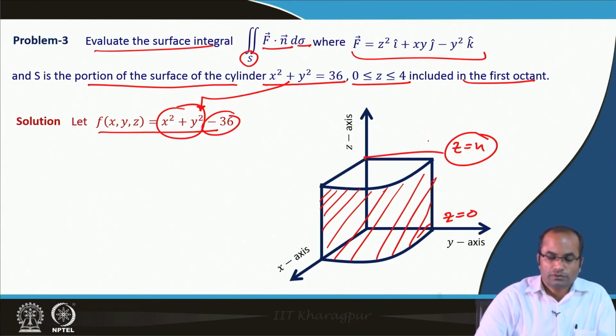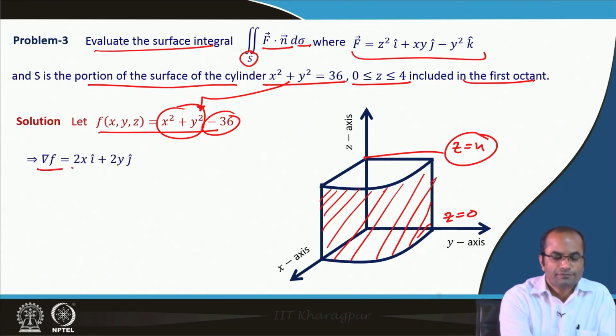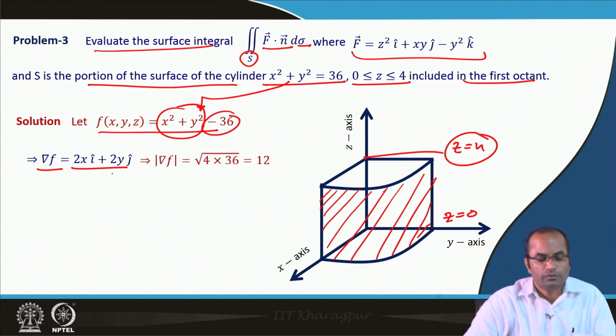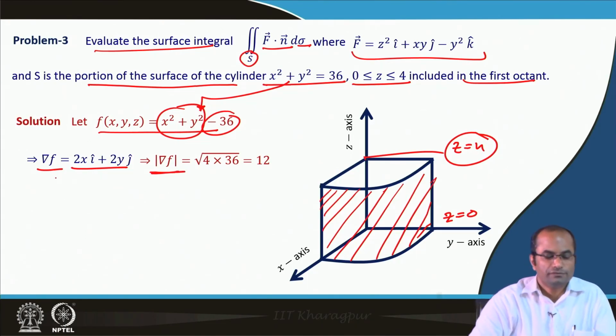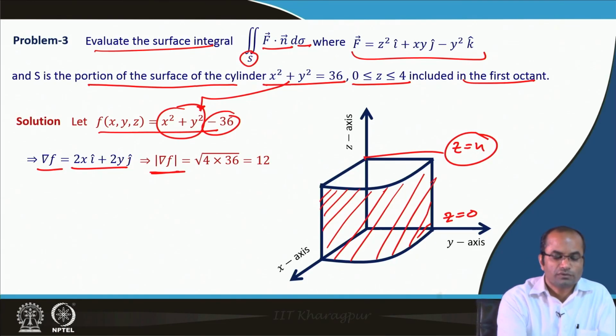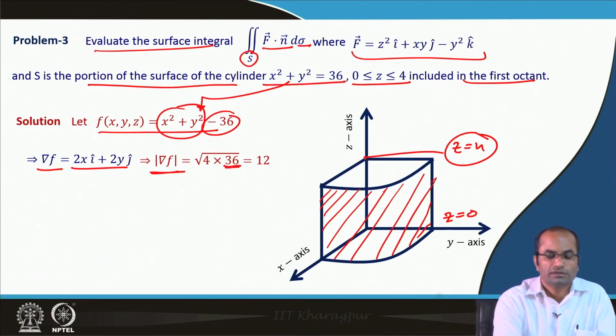Well, so then we have grad f is 2x the i component, 2y the j component, and the absolute value of this grad f we can evaluate. So, square root of 4x squared plus 4y squared, and x squared plus y squared is 36. So, 4 into 36 under the root, which is coming 12.